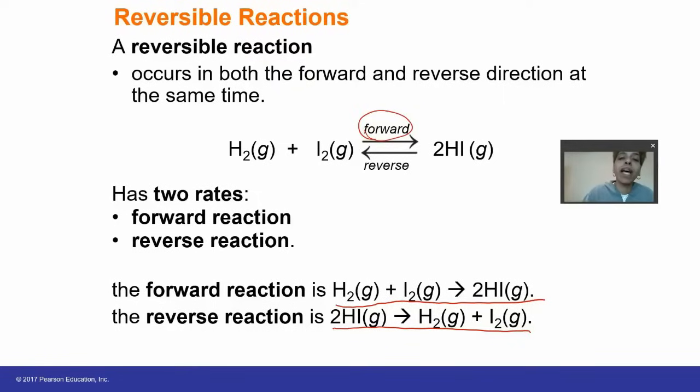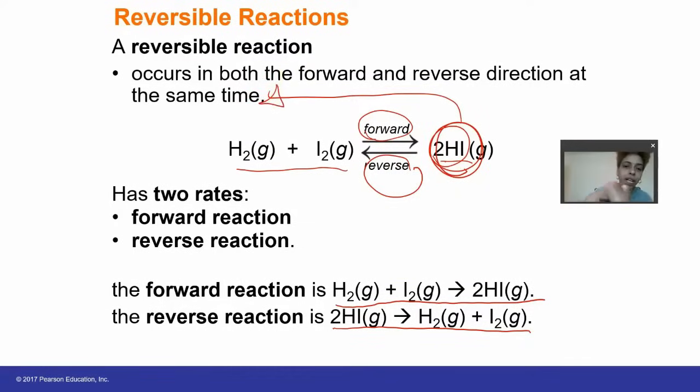There's a forward rate, how fast I make hydrogen iodide, and there's a reverse rate, how fast I make hydrogen and iodine gases, right? So there's two rates, one going forward and one going in reverse. And we know that as we make more and more product, it's just going to shift the reaction reverse to start making reactants. Now, how do we get a reaction to go all the way forward?